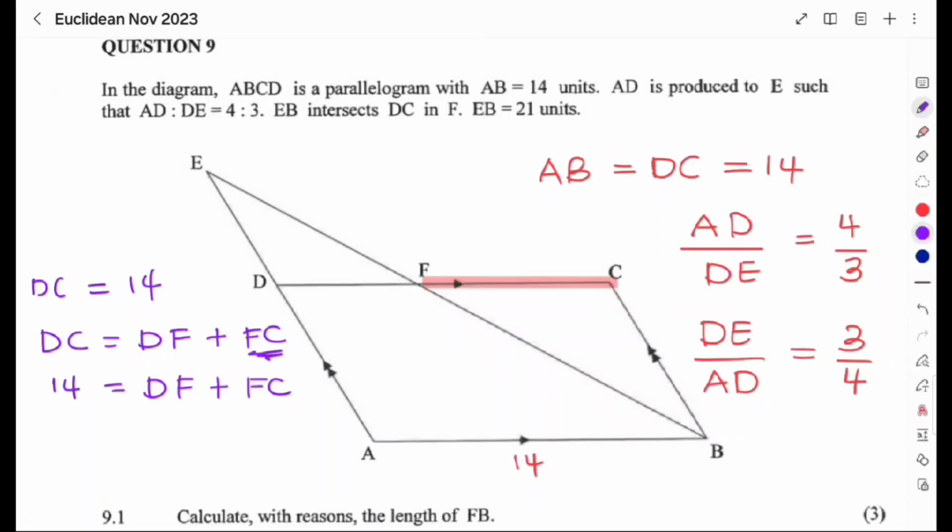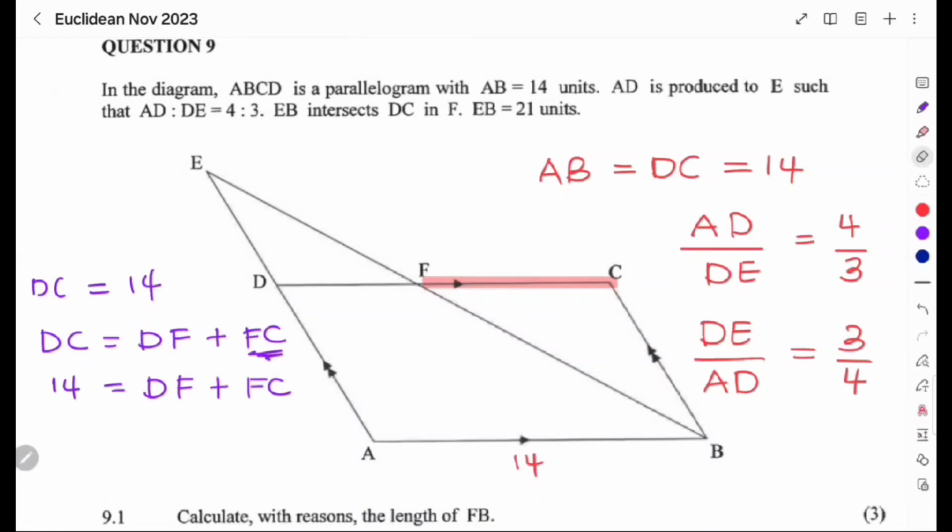Let's say, for example, DF is 4 as an example. Once you find DF, all you're going to do is substitute the value into this equation, and you'll therefore have FC as 10. Take note that I don't know whether the value of DF is actually 4. It's just an example. So here we need to first find DF in order to find FC.